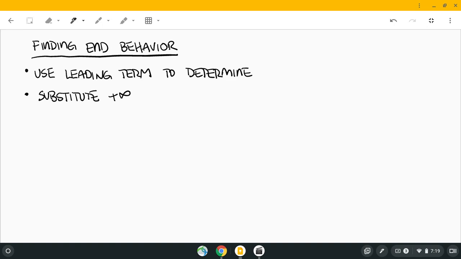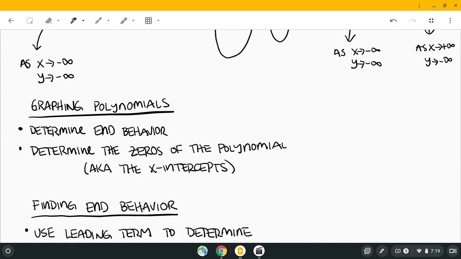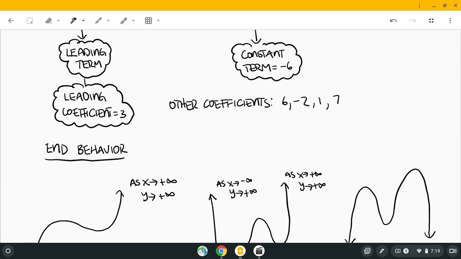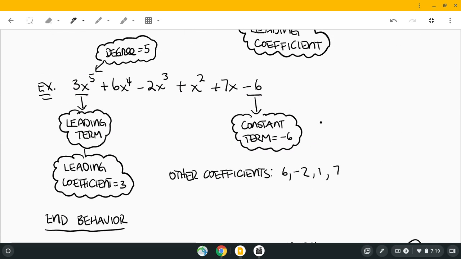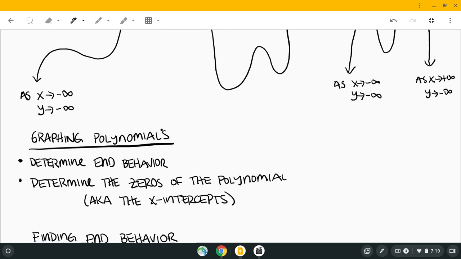So use the leading term and substitute positive infinity, because there's an x, right? So this is the leading term, and the leading term will always have some x in there, right? And so you're going to substitute positive infinity in for that x, okay?